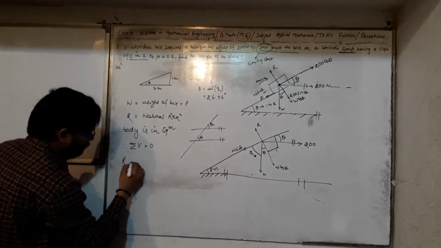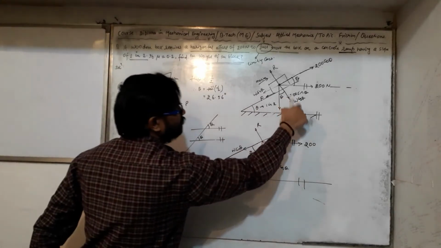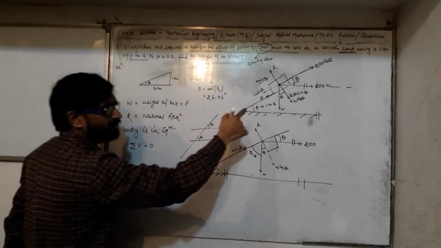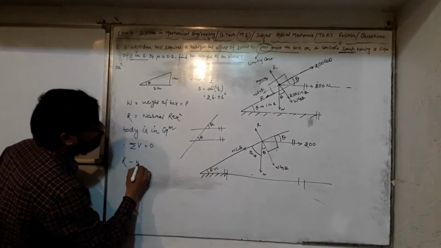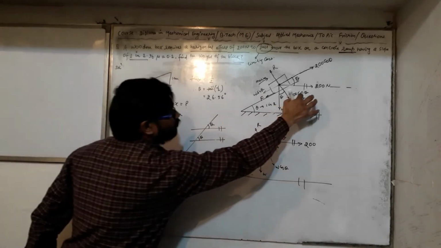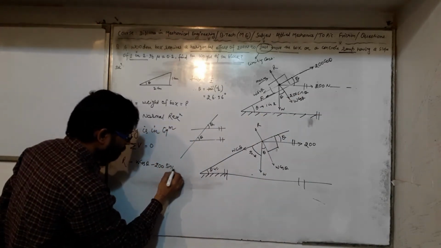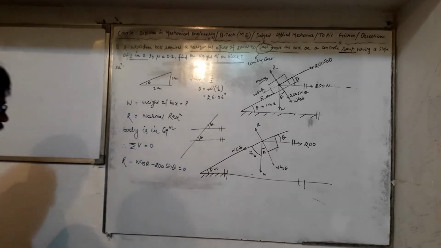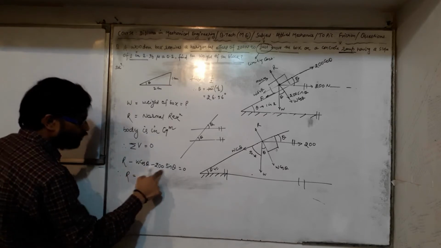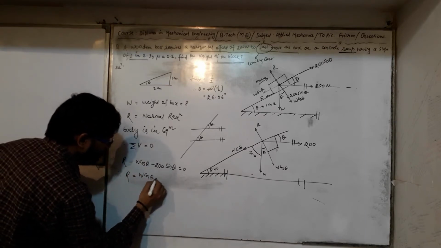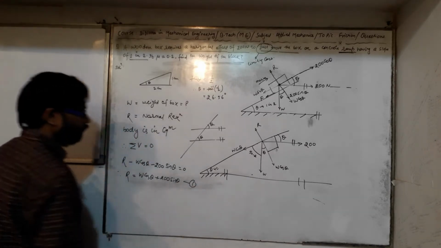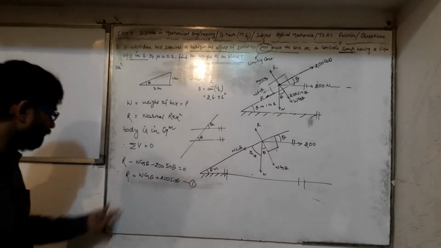If I take that as positive, then the remaining two forces act in the downward direction, so I must take them as negative. So R minus W cos theta minus 200 sin theta must be equal to 0. Transposing these two, we get R equals W cos theta plus 200 sin theta. Let us call it equation 1. From here we have got the value of R.